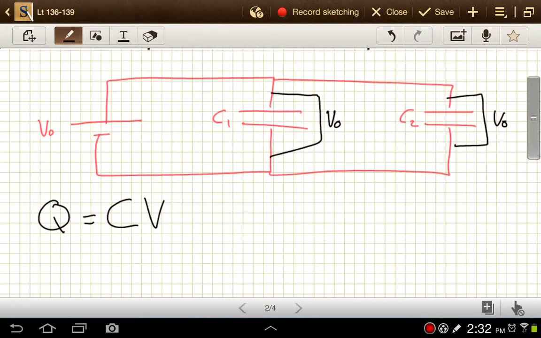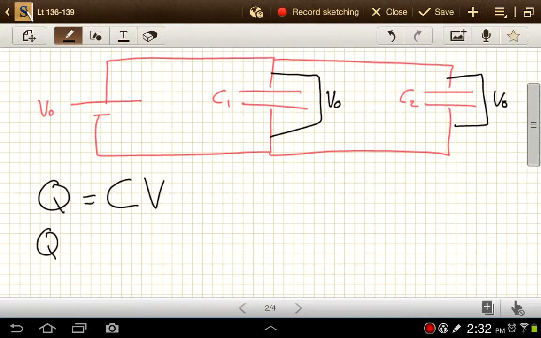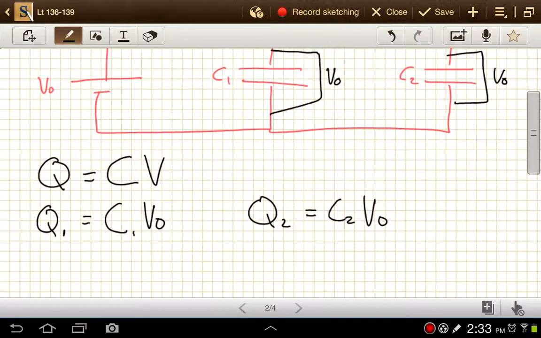So if I wanted to find the charge on C1, that'd be equal to the capacitance for C1 times V naught, and the charge on the second capacitor would be equal to the second capacitance times V naught. Or, since these V naughts are equal to each other, I could set them equal to each other, and I would get that Q1 over Q2 is equal to C1 over C2.